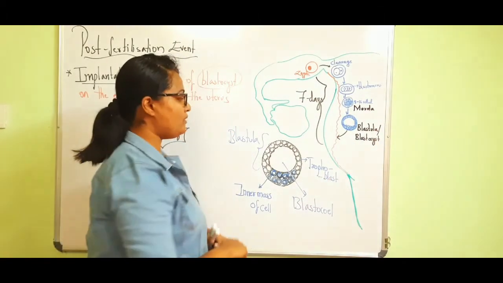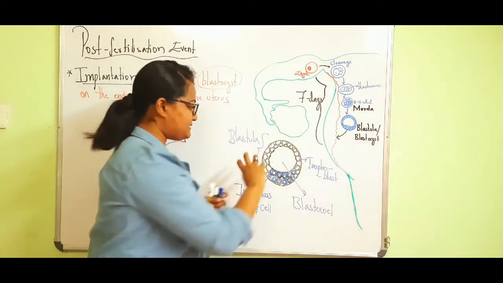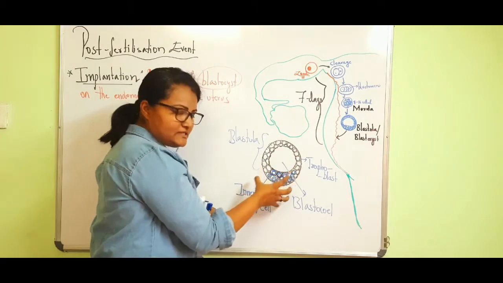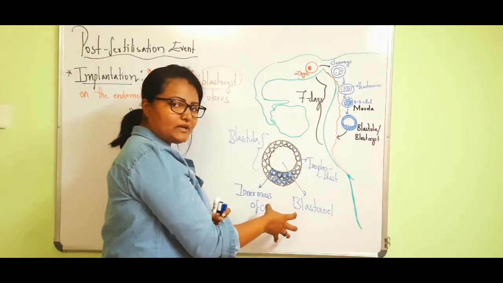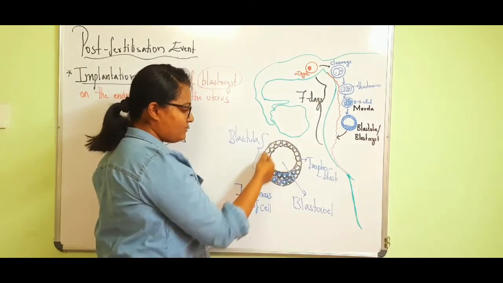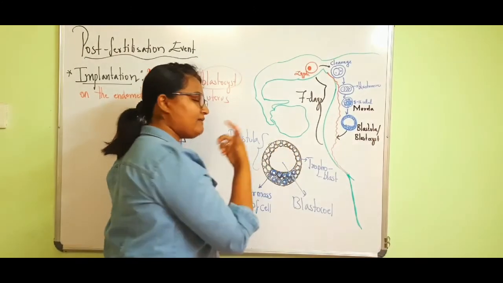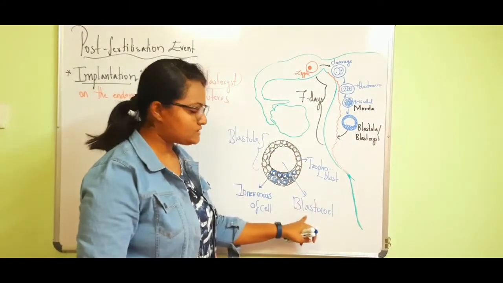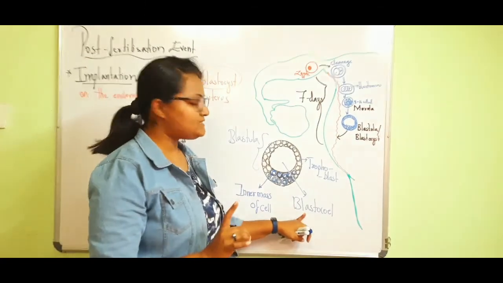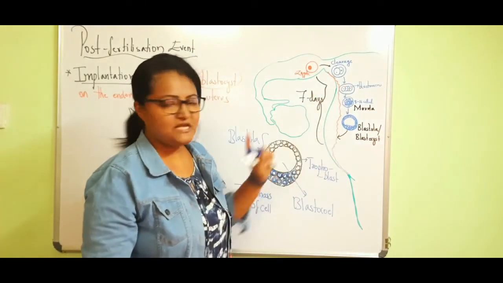Okay, from the morula, what happens? The cells or the blastomeres get rearranged like this, so that some mass of the cells push towards one corner, called the inner cell mass, and others form a wall that we call trophoblast, and there will be a cavity at the center. That cavity is called blastocoel. Based on this blastocoel only we can differentiate the different stages.